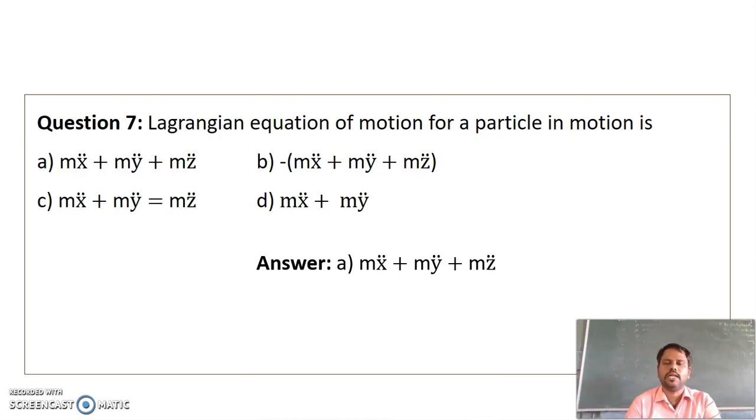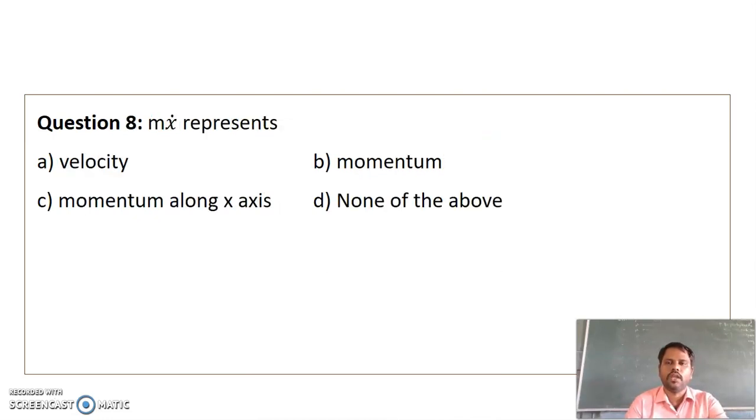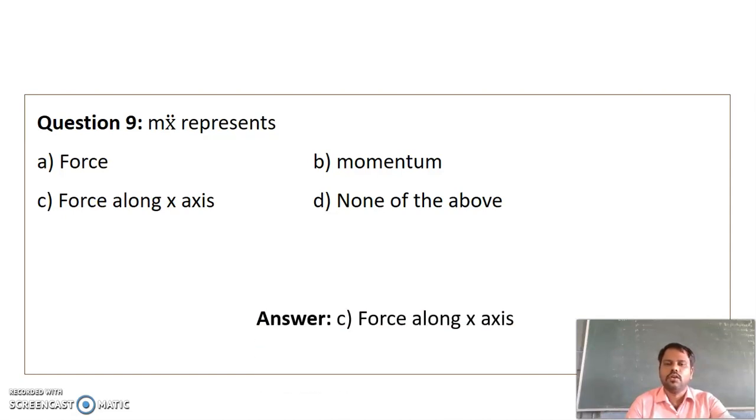So the answer is A. M x dot represents mass multiplied by velocity, which gives momentum. So the answer is B. To be specific, motion along the x-axis. So that is option C. M x double dot represents a force term along the x-axis. So the answer is C.